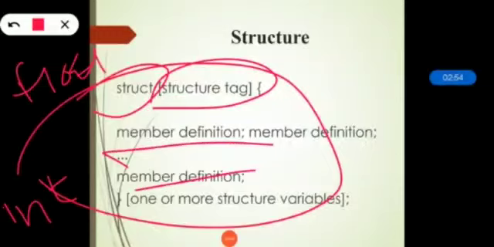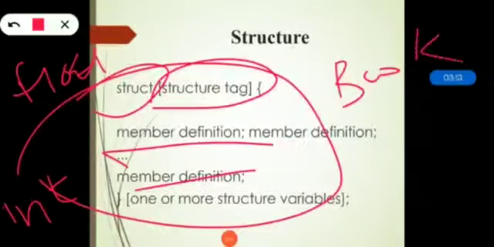At the end of the structure's definition, before the final semicolon, we can specify one or more structure variables, which are optional. Now as we have taken the example of book, we will say struct book.